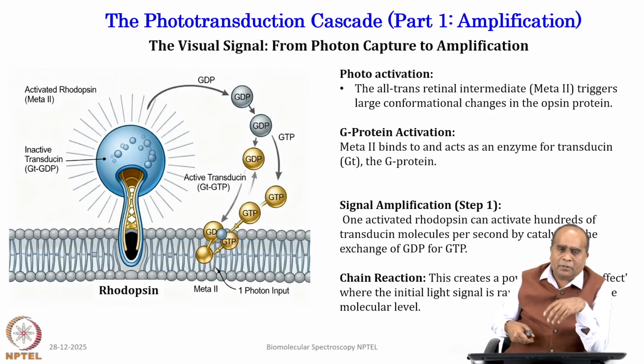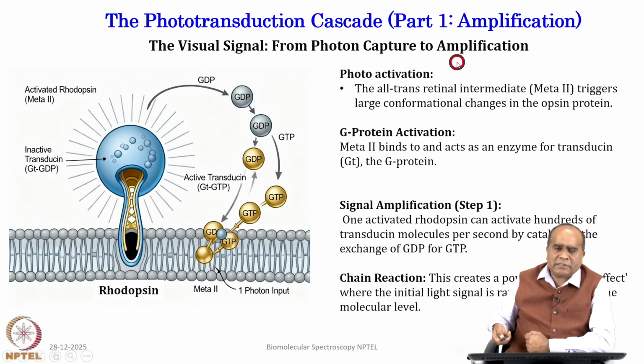You see, the brain is our supercomputer, which has to get the data, process it and give it to you in some digestible form. So, that visual signal from photon capturing is happening by this protein. How that capture happens and then gets amplified, we will understand.